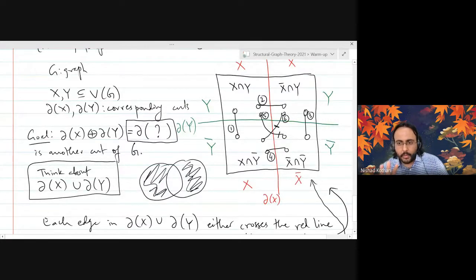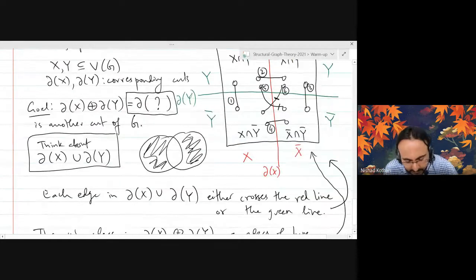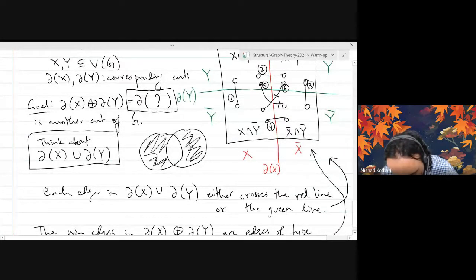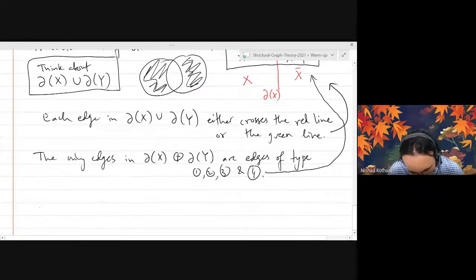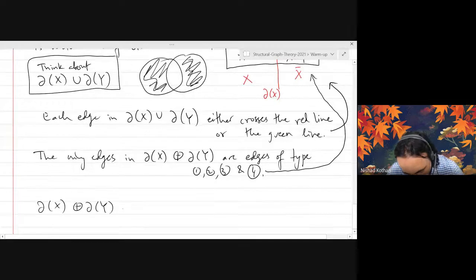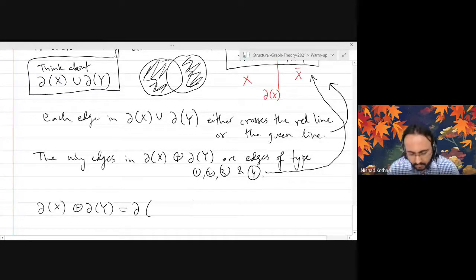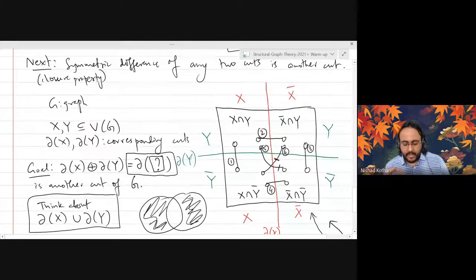So now I want you all to think about what is this question mark? I want you all to look at this drawing and think about, if you look at all the edges of the graph that are of type 1, type 2, type 3, and type 4, then do these edges correspond to a cut of the graph?